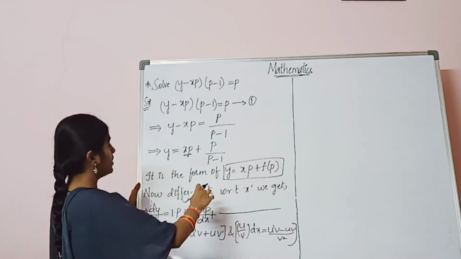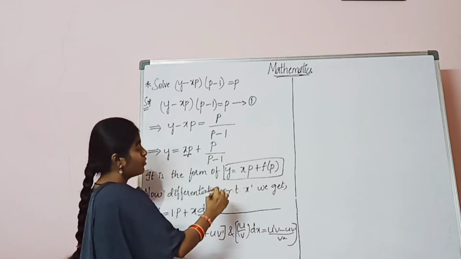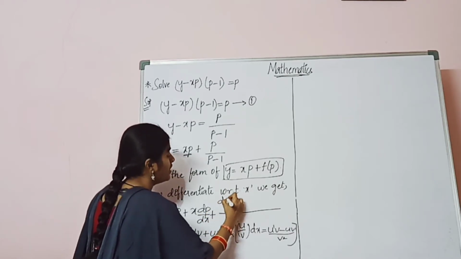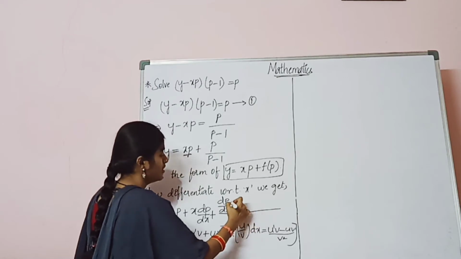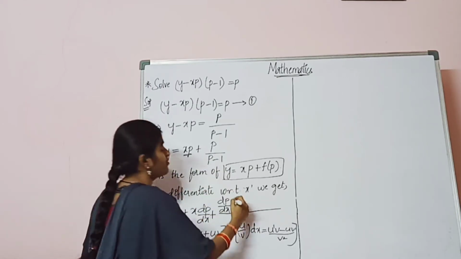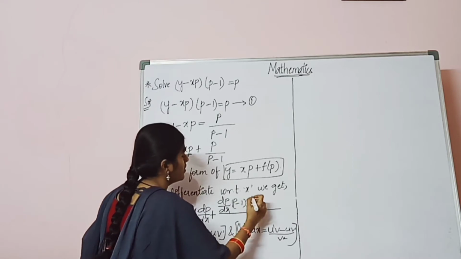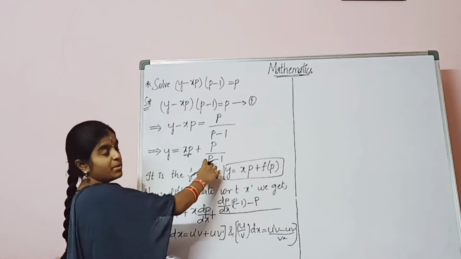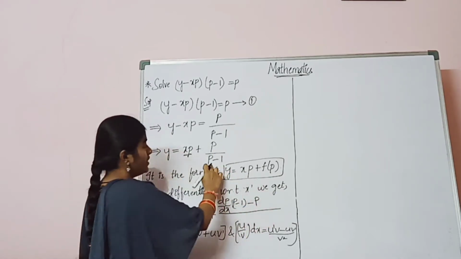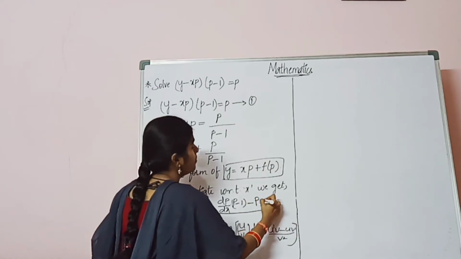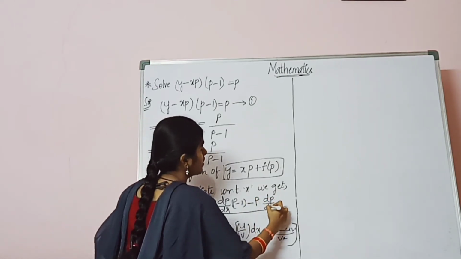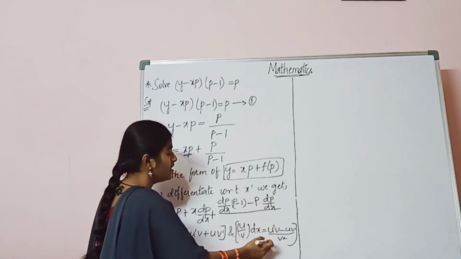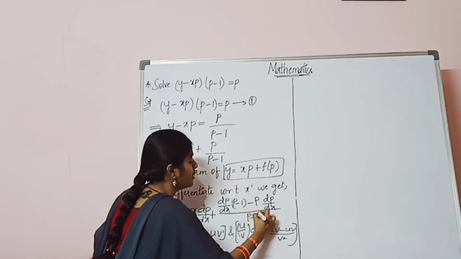Here u is p, differentiating with respect to x gives dp by dx, into v, which is p minus 1, minus u, which is p, into the derivative of v, which is dp by dx, as the differentiation of the constant is 0, all by v square, that is p minus 1 whole square.